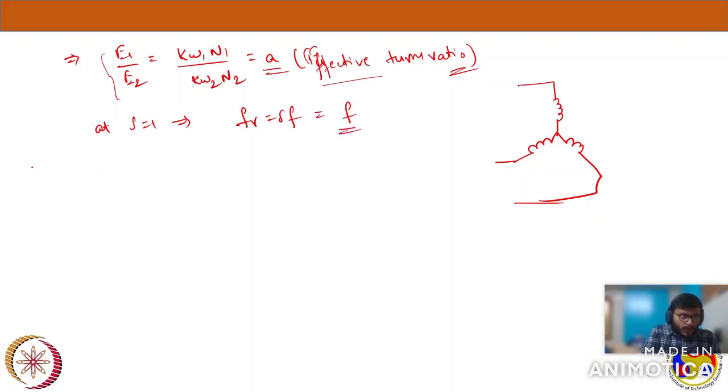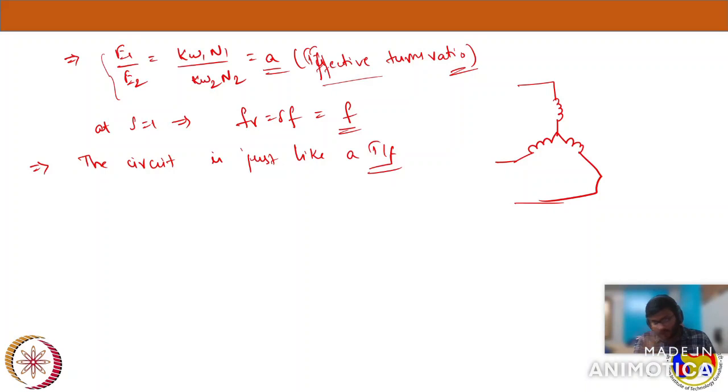So what I'm trying to say is, at S equals 1, the circuit is just like a transformer, because we have energized a primary winding with a 50 Hz source, let's say, and our secondary is short circuited, because in an induction motor we short circuit the rotor.